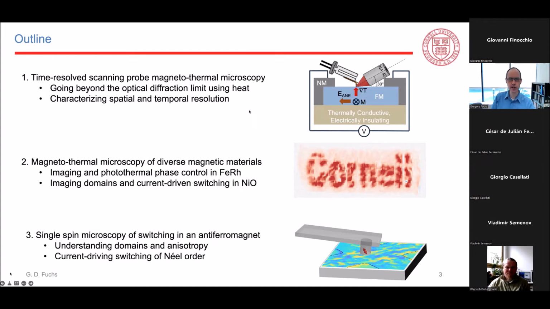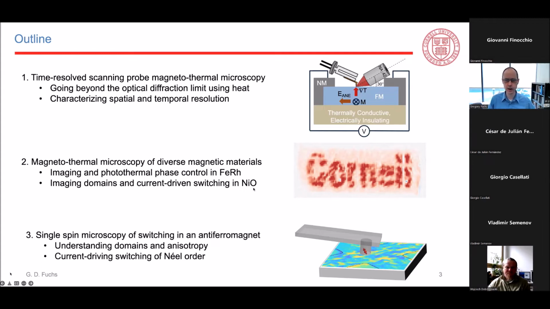So the first one I'm going to talk about is a rather unusual kind of magnetic microscopy that is both time resolved and spatially resolved, in which we use spin thermal interactions to image magnetism. We'll talk about trying to make that a very high resolution technique.